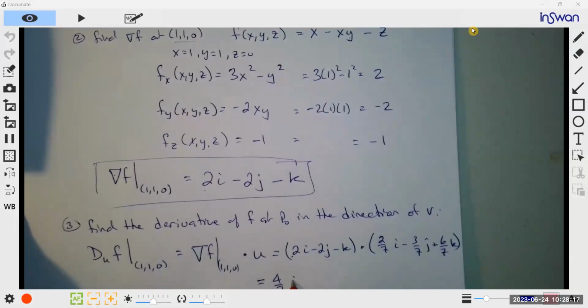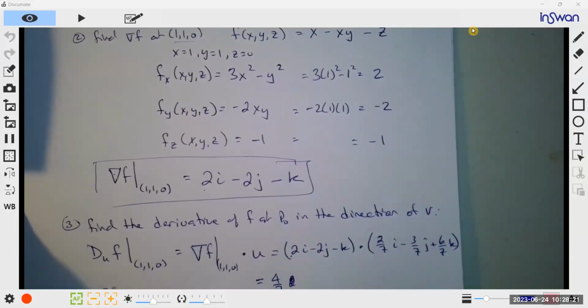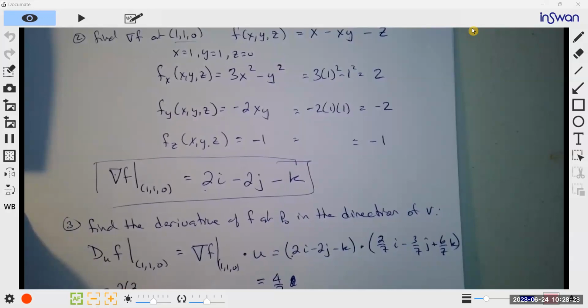Well, no, we're doing dot product, so there's no i j anymore. So we have 2 times 2 over 7 plus -2 times 3 over 7 plus -1 times 6 over 7.